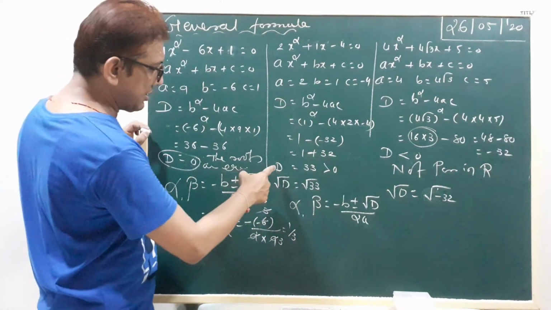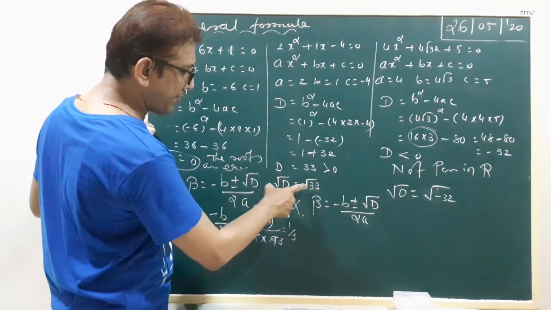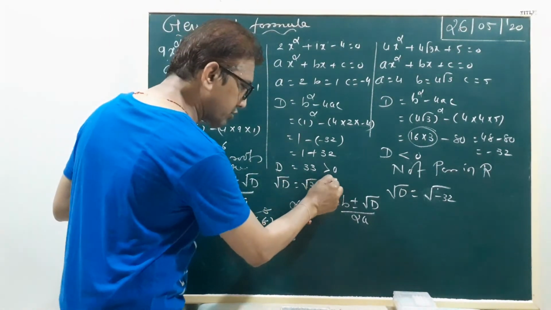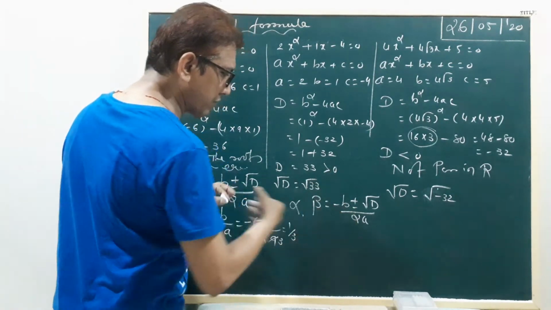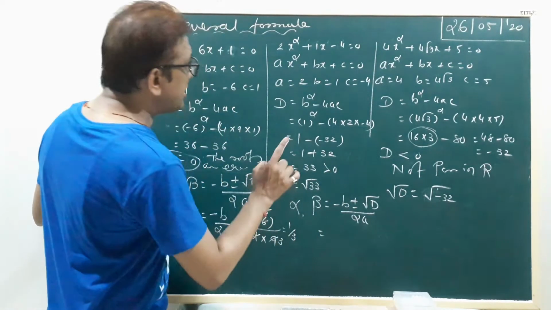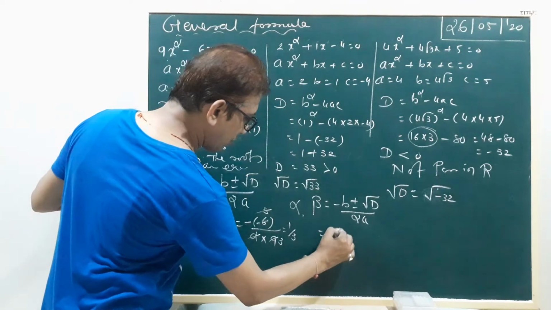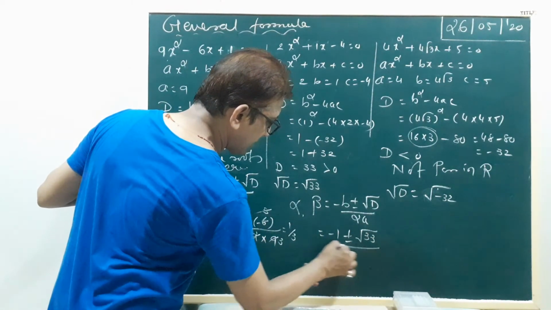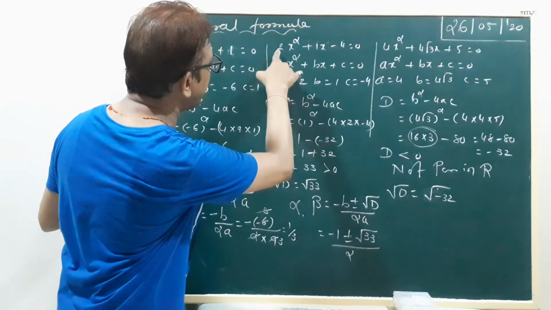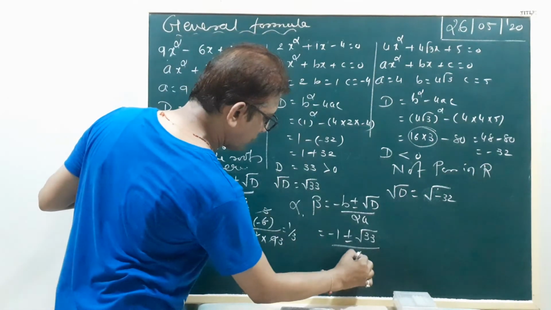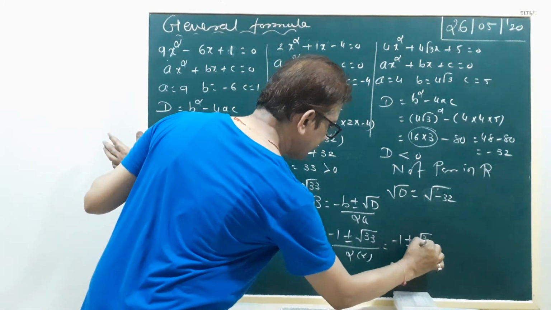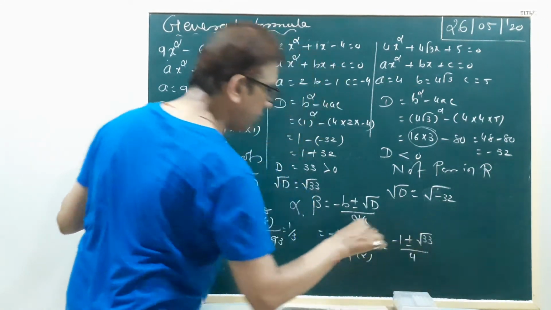Okay. Now here d equal to 33, not a perfect square number. Here we also write a statement, but first we find the roots. b equal to 1, so minus 1 plus minus root 33 upon 2a, a equal to 2. So our answer is minus 1 plus minus root 33 upon 4.